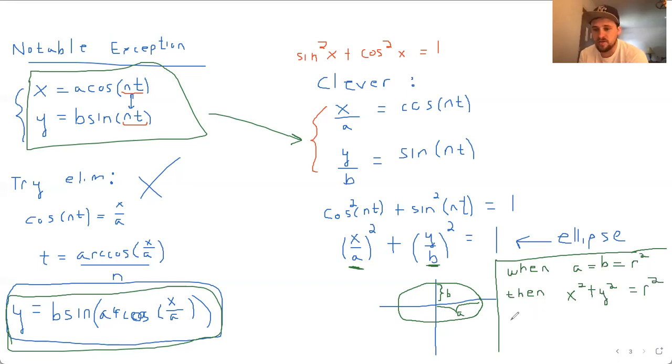The result is a circle of radius r. So these are a special type of parametric equations that we'll pretty constantly be interested in, and it's parametric equations for a circle. So this is a circle of radius r.